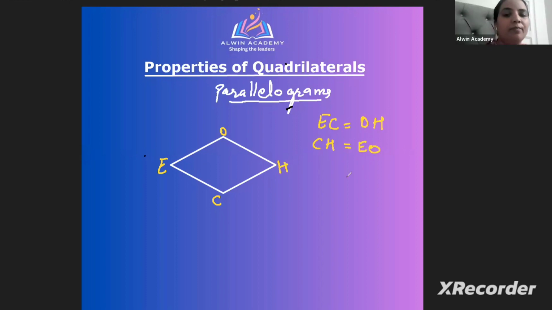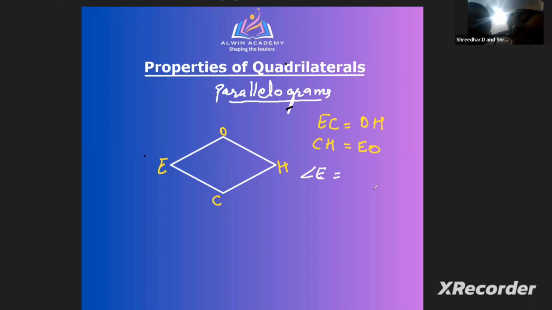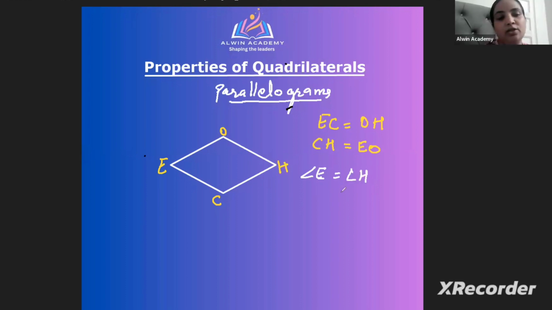Very good. Now when I say opposite angles of a parallelogram are equal, what will be equal to angle E? Shrikant, you tell me. Ma'am, angle H would be equal. Angle E equals angle H. Okay. And angle O equals to? Angle C. Very good.